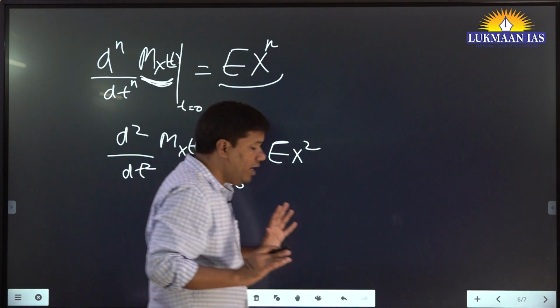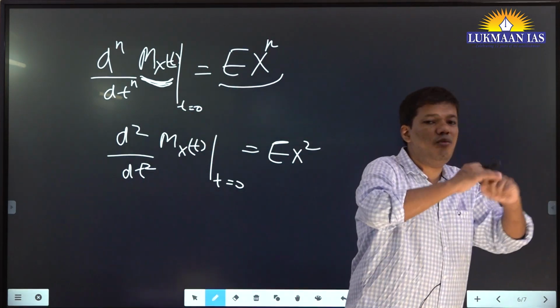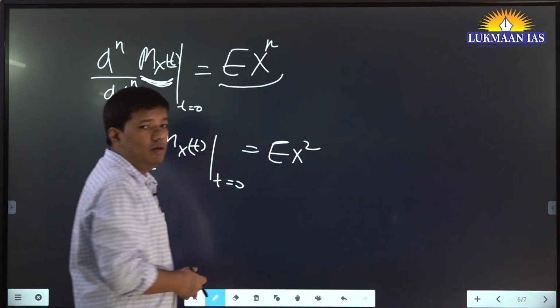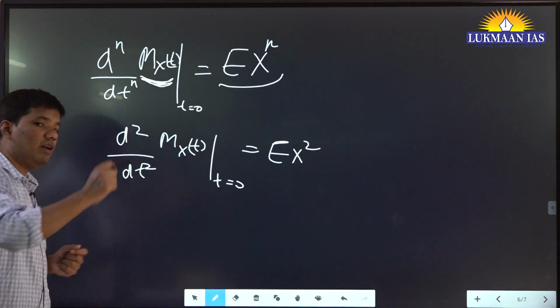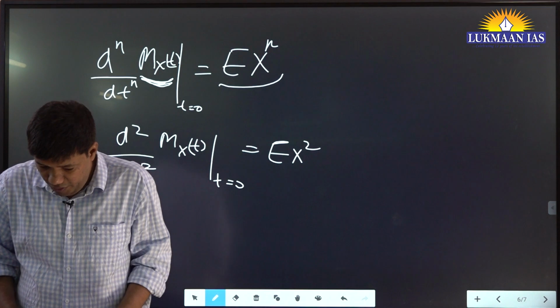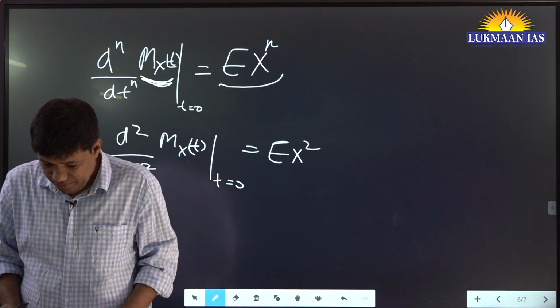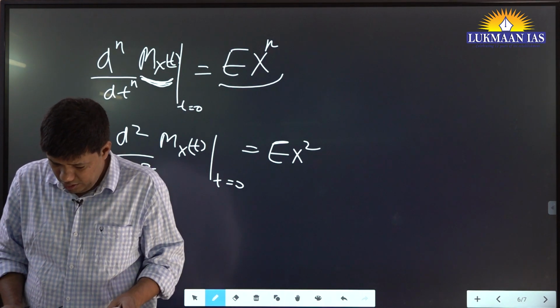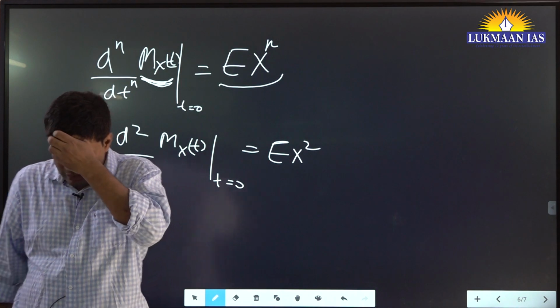So this is the nth moment, but when you calculate the central moment, you directly get the variance. I think the central moment definition you can also write.